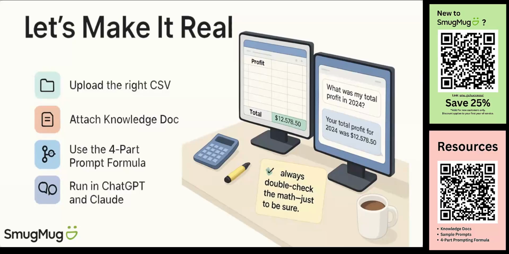If not, I'll tell the AI what number I got and ask it to recheck the logic. Now, in most cases, if you've attached the correct knowledge document, it'll spot the mistake and fix it automatically. This simple sanity check helps build trust in the results and make sure that the AI isn't just guessing when it shouldn't be. All right, I'm going to move on over to share my screen.